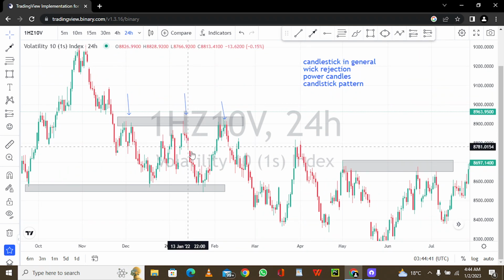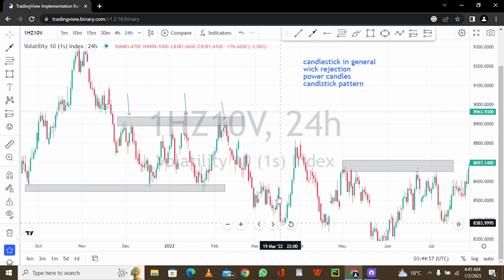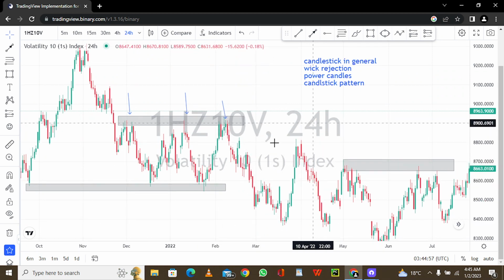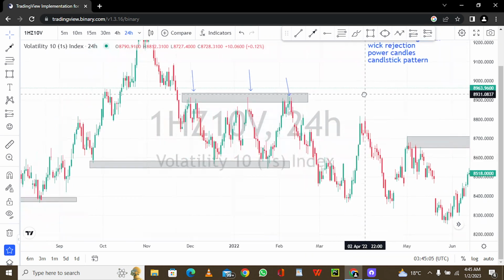So these are some of the information that wick rejection passes to us. You see the same thing after it comes to this place the third time. What happened? You see that rejection again, and then it crashed all the way down. So it's very, very important that we pay close attention to wick rejection in the market.